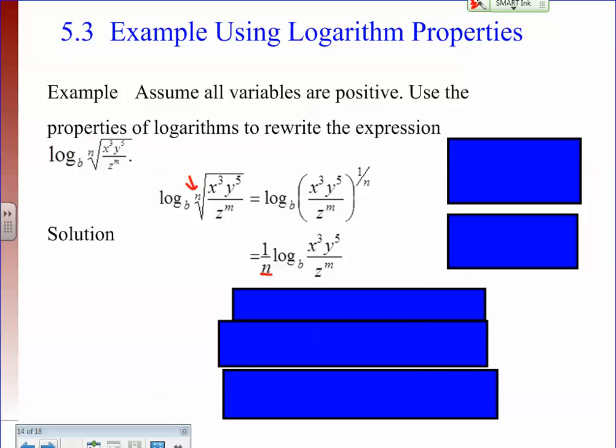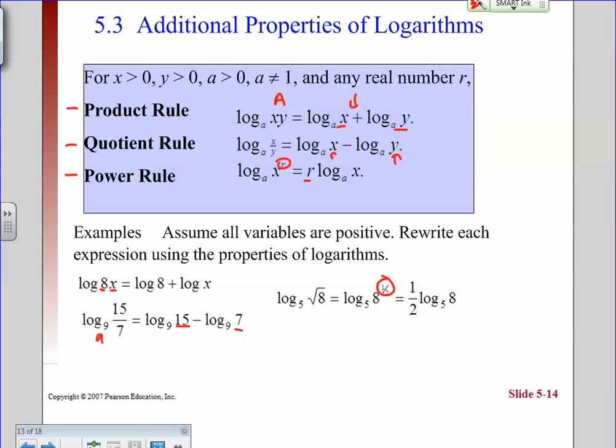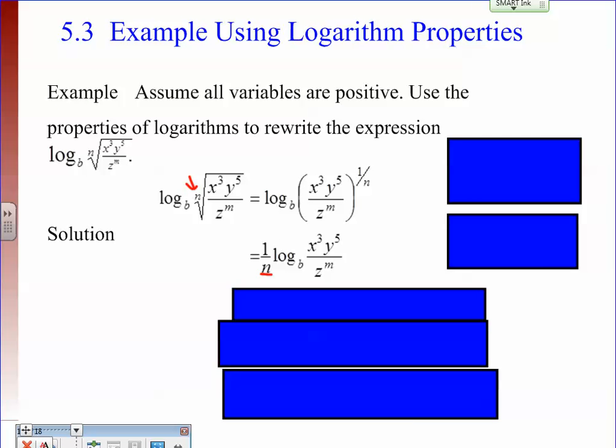Now we can use our product rule and our quotient rule to work on this a little further. Remember, the product rule says two things multiplied by each other is the sum. The quotient rule, divided by each other, is the difference. So we can write these as sums and differences.